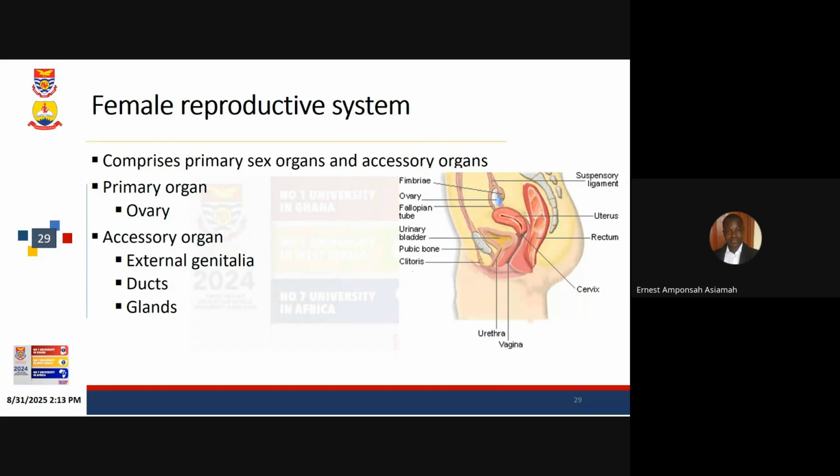Okay, that's an interesting question. What happens is that the testes are actually formed in the abdomen, and as the child is maturing in the womb, the skin of the abdominal wall begins to pull away from the rest.